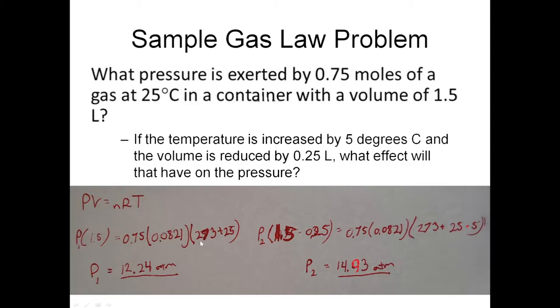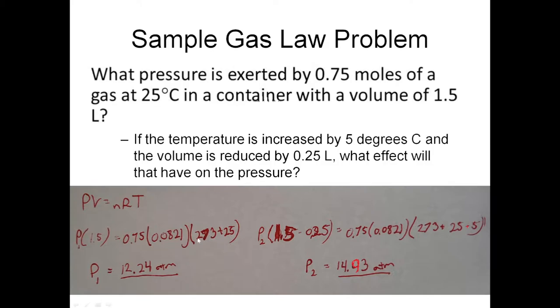So in my work here, I've taken the 25 Celsius and I'm adding 273 to it within the formula to convert it into Kelvin. So 25 Celsius is about 298 Kelvin, and that's considered standard room temperature. That correlates to about 75 degrees Fahrenheit.